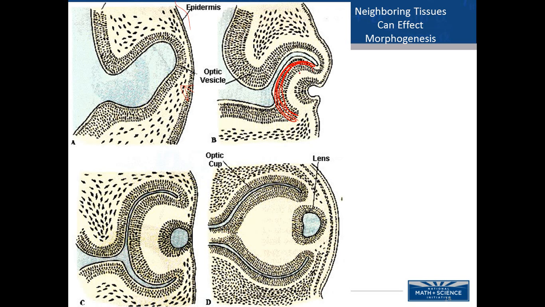Now, the optic cup will turn around and interact with this epidermis and cause it to fold inward. And eventually, it's going to induce that epidermis to form a structure we know as the lens inside the optic cup of the eye.